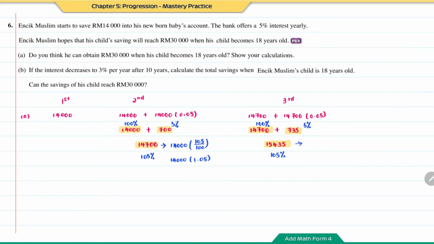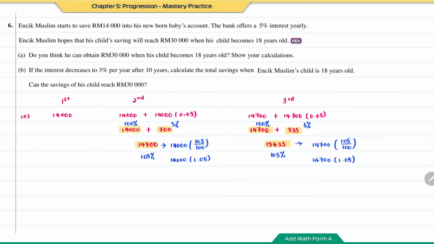We can also calculate this 15,435 by using 14,700. We're going to multiply it with 105 over 100. So it's the same as multiplying it with 1.05.